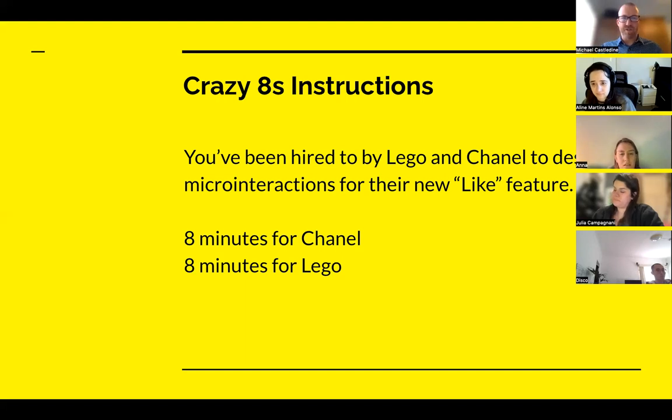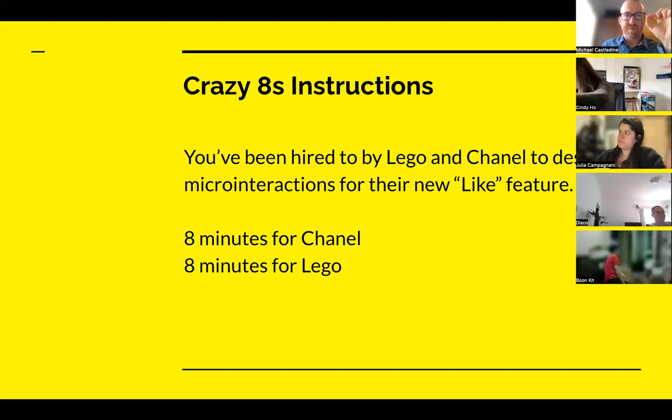I want you to just divide your sheet up into 8 sections. And we are going to design the like feature, meaning the heart. We're dealing with something so simple as just a heart icon. And I'd like you to, just using the heart shape, start to think about where it starts and where it ends, and create a little bit of a storyboard of how that happens.